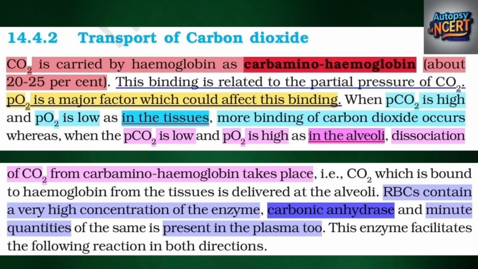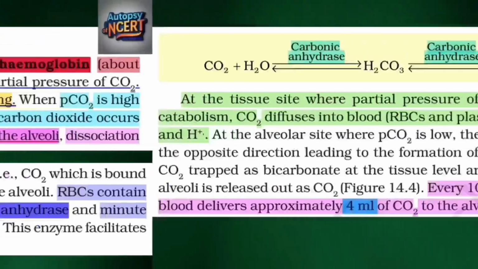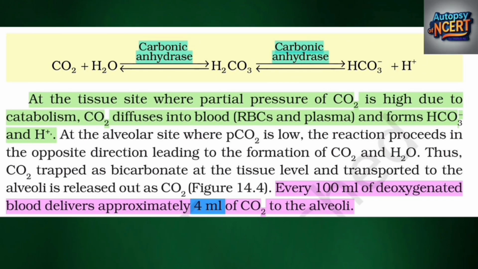RBCs contain a very high concentration of the enzyme carbonic anhydrase, and minute quantities of the same is present in the plasma too. This enzyme facilitates the following reaction in both directions. At the tissue site, where partial pressure of CO2 is high due to catabolism, CO2 diffuses into blood, RBCs and plasma, and forms HCO3 and H+.